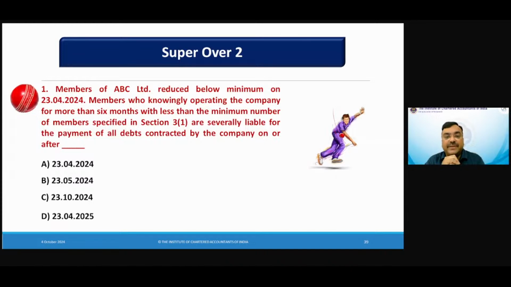Members who knowingly operate the company for more than 6 months with less than the minimum number of members specified in section 3(1) are severally liable for the payment of all the debts contracted by the company on or after... I think this should be, ठीक है, right है, debts contracted by the company on or after: 23rd April 2024, 23rd May 2024, 23rd October 2024, 23rd April 2025.